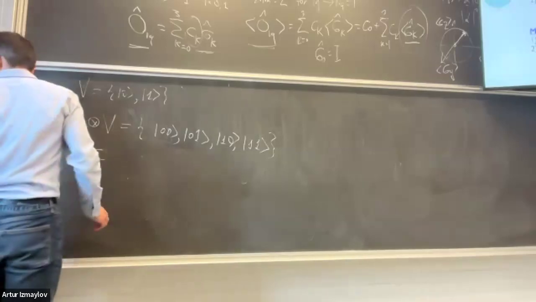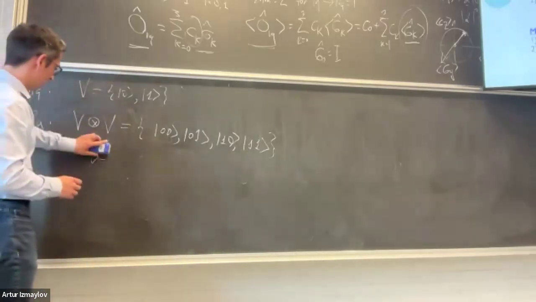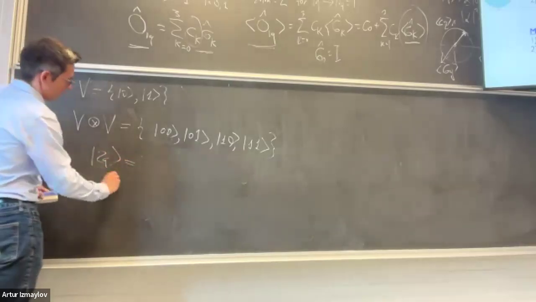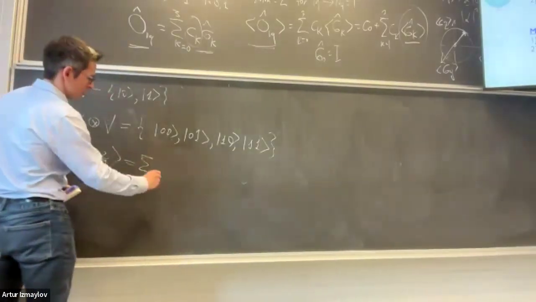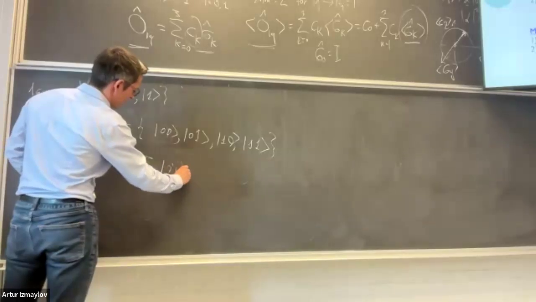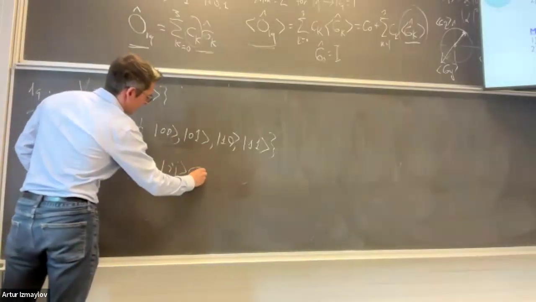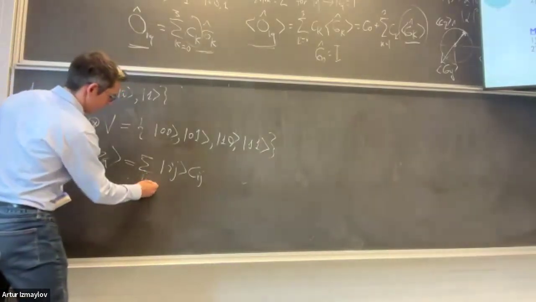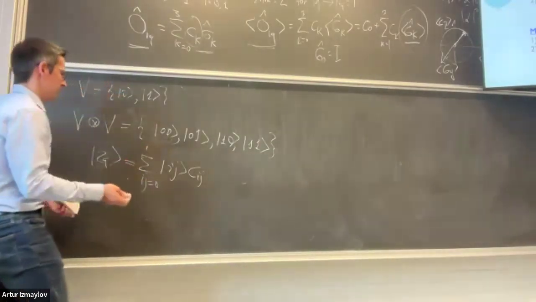Okay, so these 4, and a general state of 2 qubits will be a linear combination of ij with coefficients Cij, where i and j go from 0 to 1.